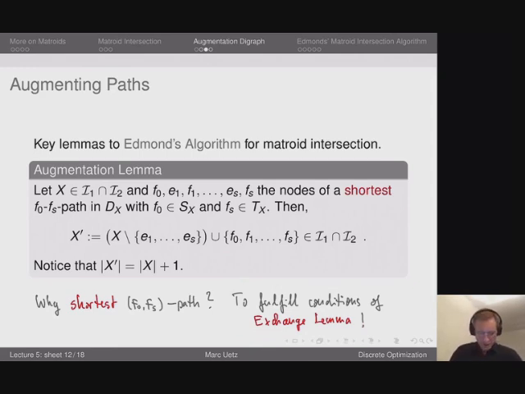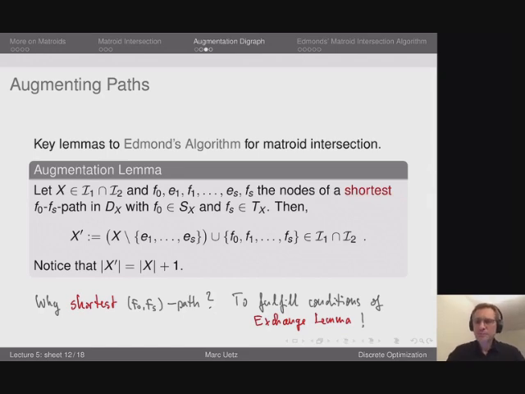Whenever I pick a shortest path, this will guarantee me that this conclusion is actually true, namely that this is going to be independent with respect to both matroids. So really, it's essential for the proof to work to pick a shortest path.